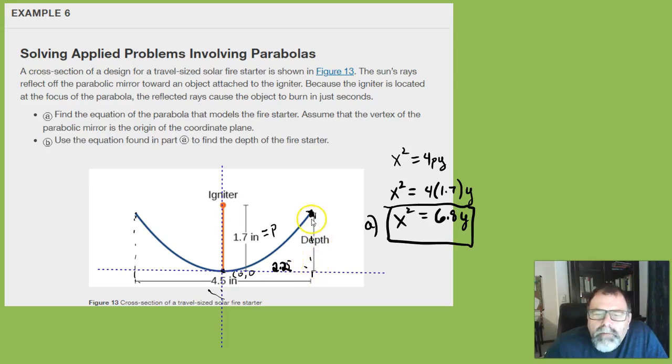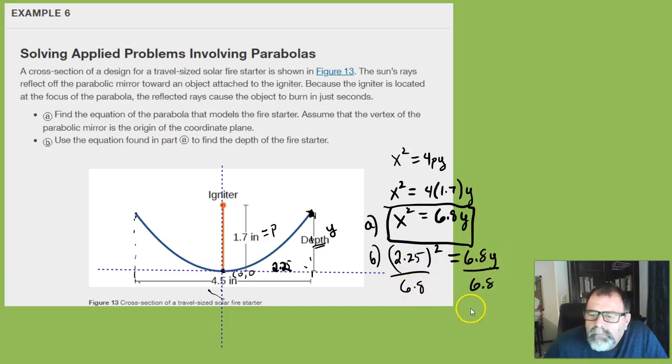And then this is y, and that's the depth. So we've got to figure out what y is if x is 2.25. So we plug it in. 2.25 squared equals 6.8y. Then we're going to divide both sides by 6.8. So y equals, and then just punch this in our calculator.